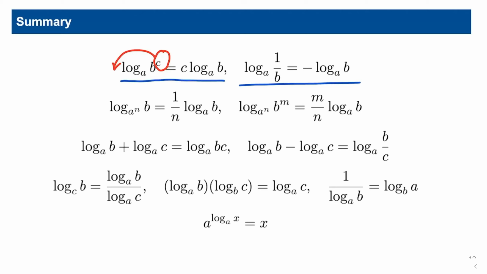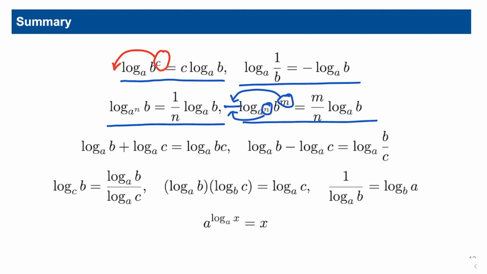You will see this frequently as well. Then log base a to the n of b to the m equals m over n times log base a of b. This one is a generalization, a combination of the previous identities. So we have a power m here, which can be brought down here. Then the exponent n can be brought here as the denominator.